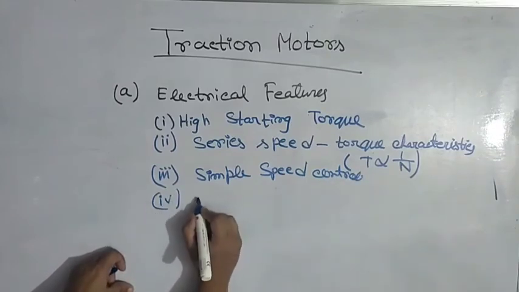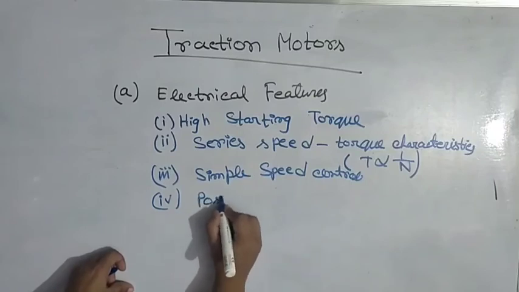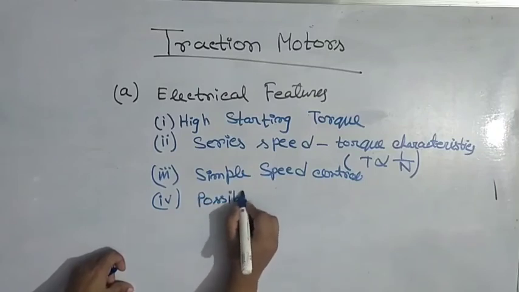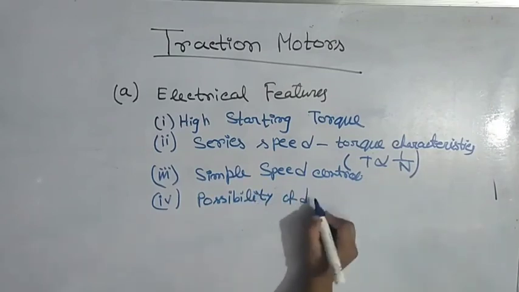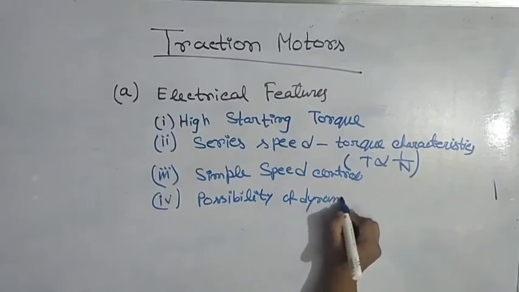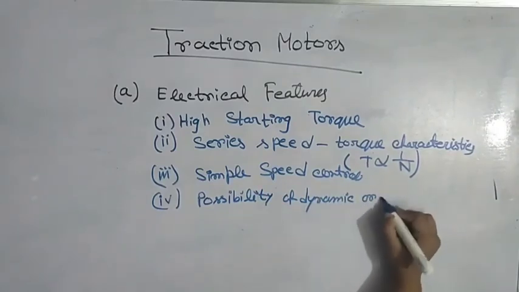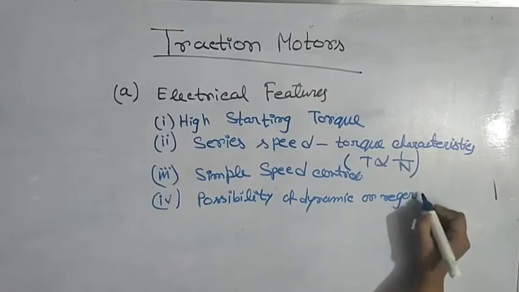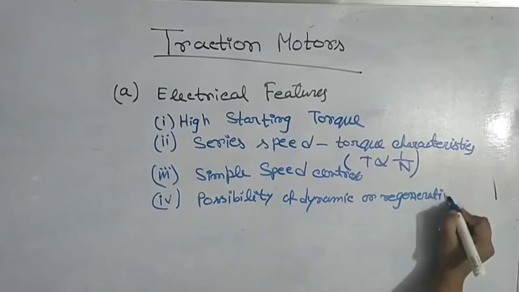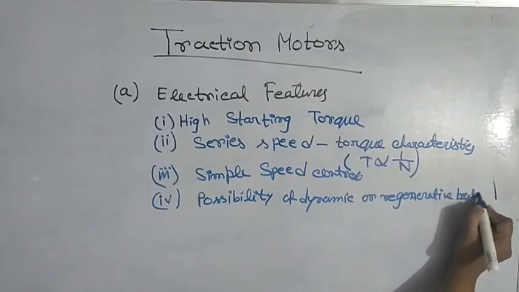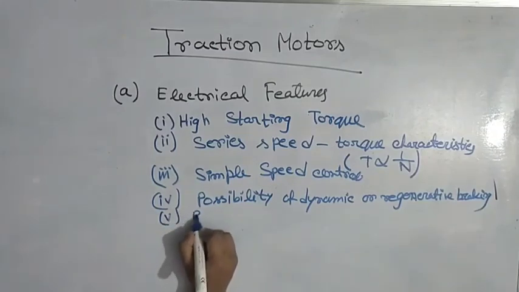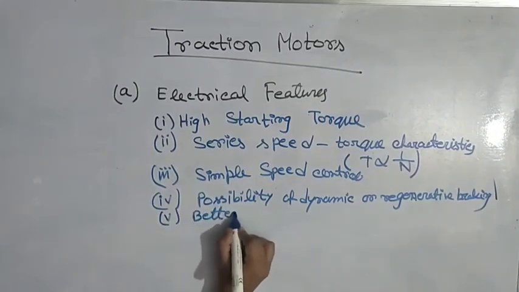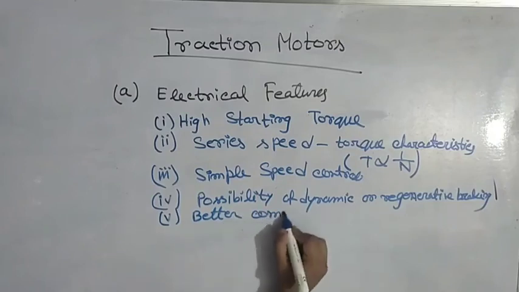Fourth is possibility of dynamic or regenerative braking. Fifth one is better commutation.